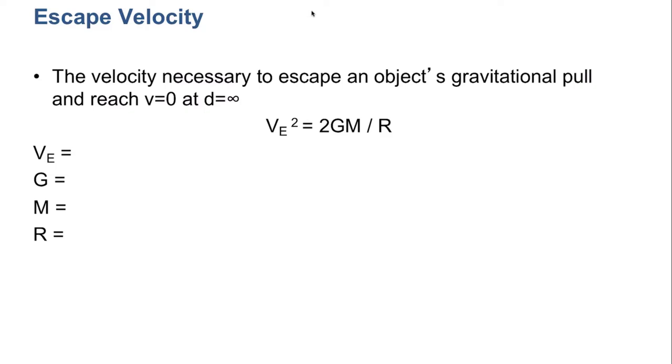And this is the equation that gives us that velocity. The escape velocity, let me write it over here because it might be a little bit hard to understand. The escape velocity, that's what I'm calling VE here. The escape velocity squared is equal to 2 times G, our normal gravitational constant, times M divided by r. So VE, again, is the escape velocity.